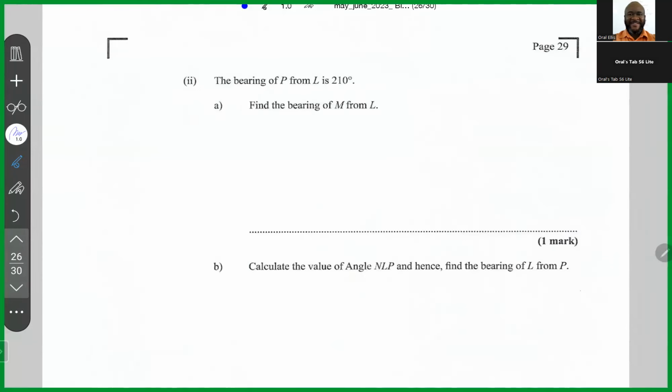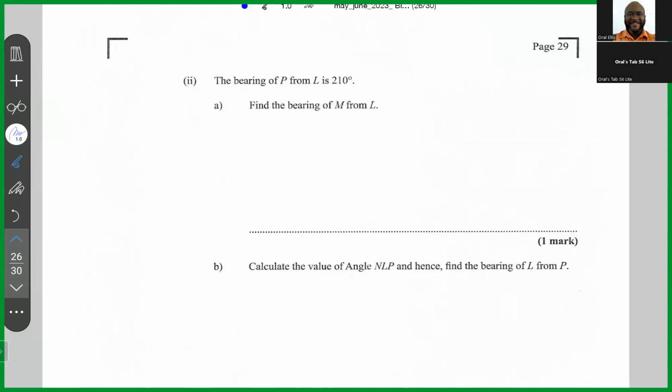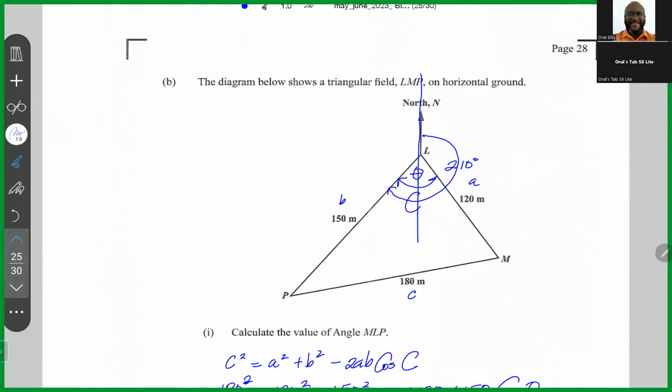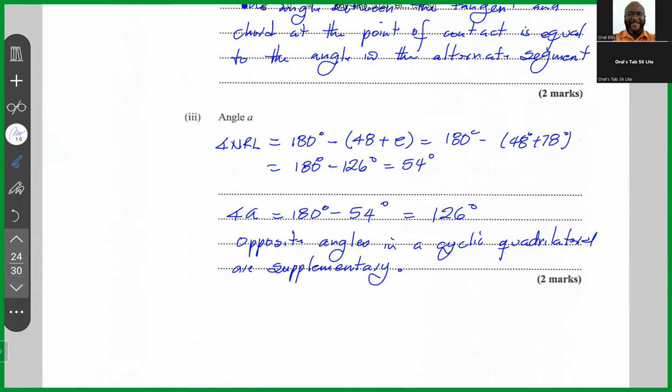And we are to find the bearing of M from L. Bearing of P from L is 210. I want the bearing of M from L. Is there anything else that we knew? No.